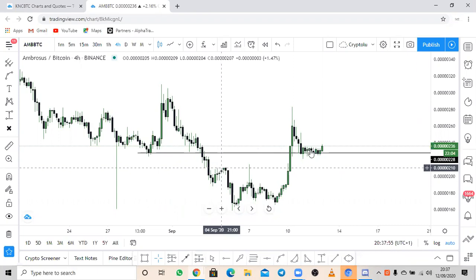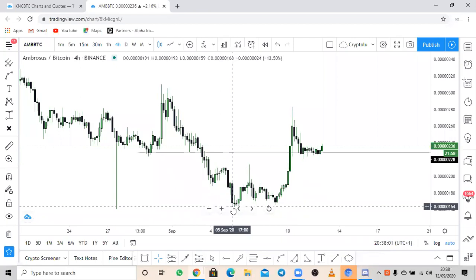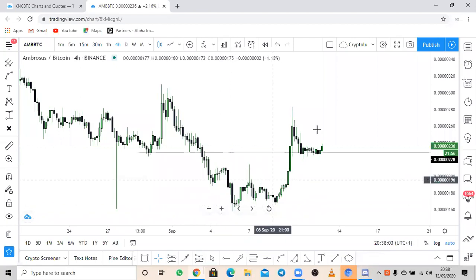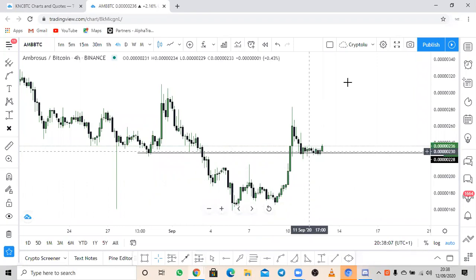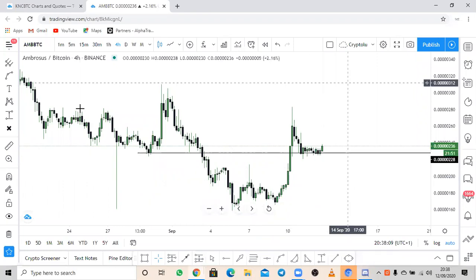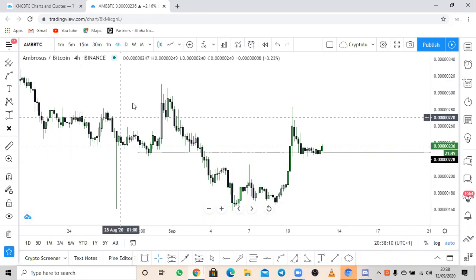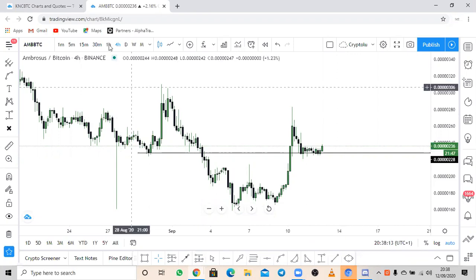So it will be going all the way back down here, which I don't expect anytime soon. So I'm expecting price to bounce back from this level to the target I'll be giving. Okay, so let's go down to the 1 hour.